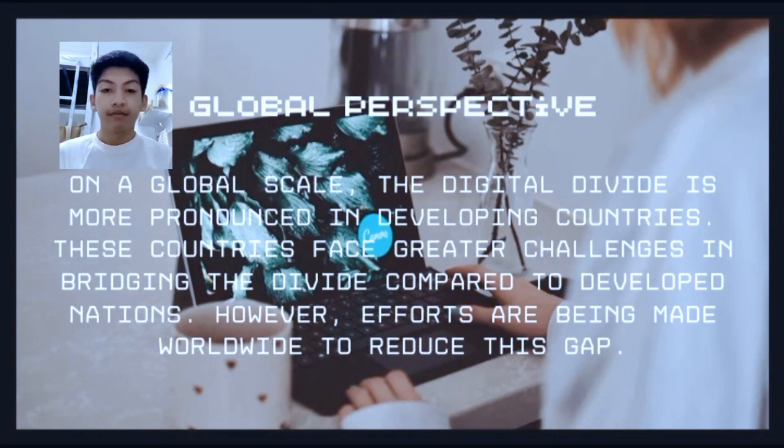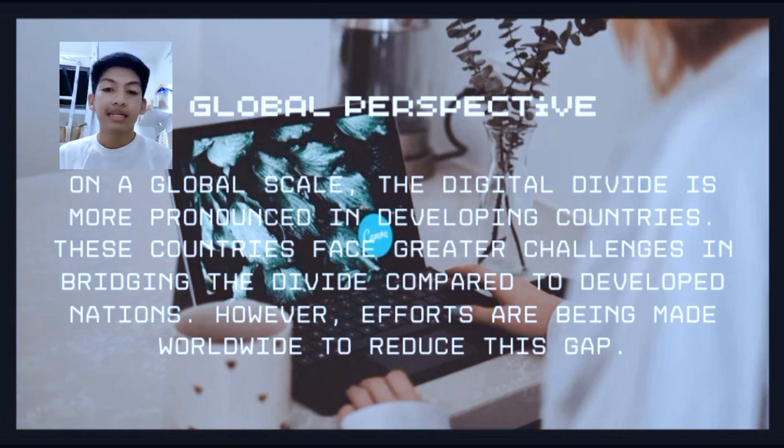Global perspective. On a global scale, the digital divide is more pronounced in developing countries. These countries face greater challenges in bridging the divide compared to developed nations. However, efforts are being made worldwide to reduce this gap.